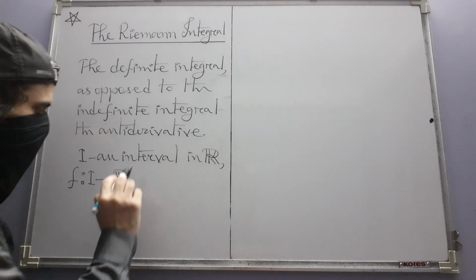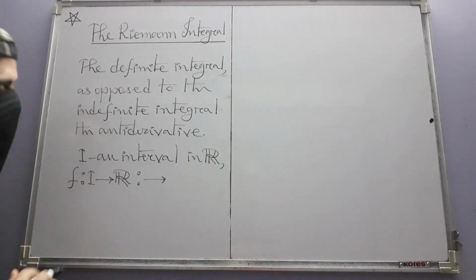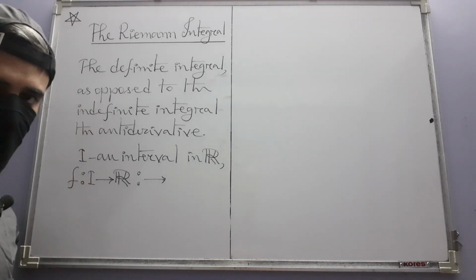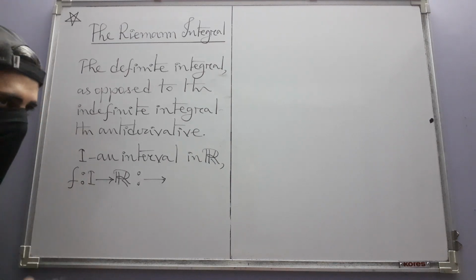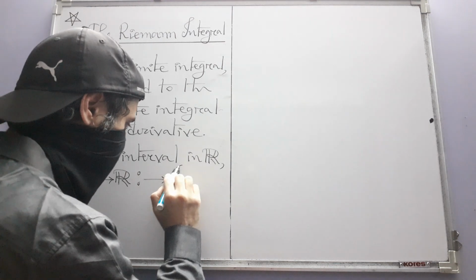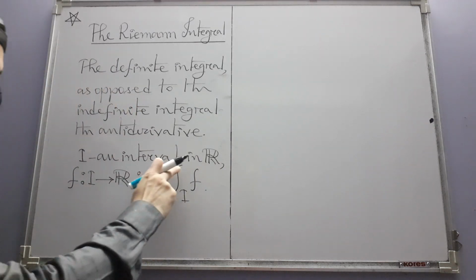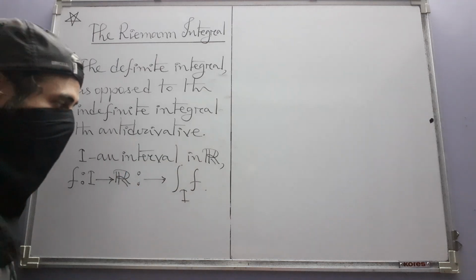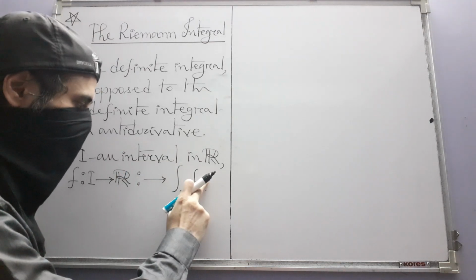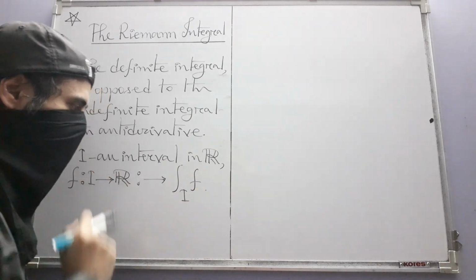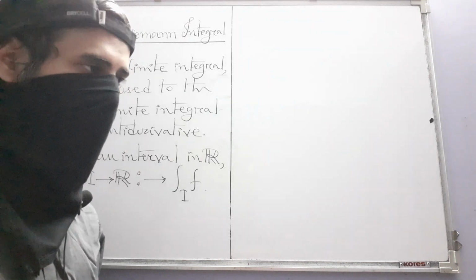So what we want to do, we want to attach a number to this function which will be called the integral of this function over the domain I, and that number we will denote like this. The integral, this is the integral sign which is elongated capital S, followed by f, and here you write I, the interval over which we are going to do integration.